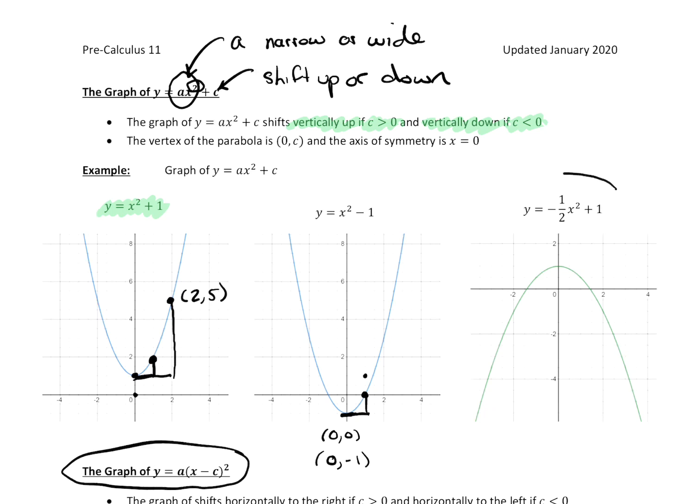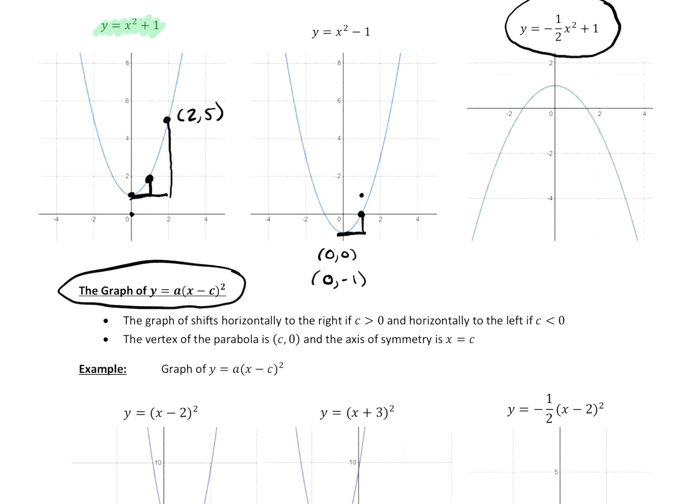Here, we have an example of a double shift. So your A value and your vertical shift. This is where it might make a little bit more sense for your brain right now to plug points in. So let's just do, and I'm going to consider symmetry, so I'm just going to go to the right of my graph. So I got x and y.